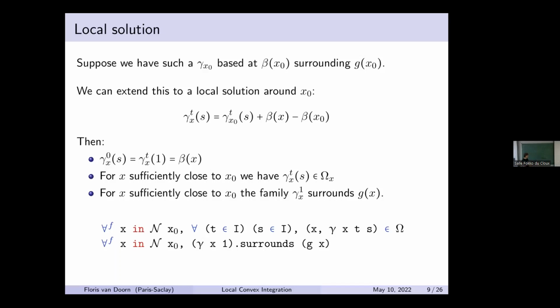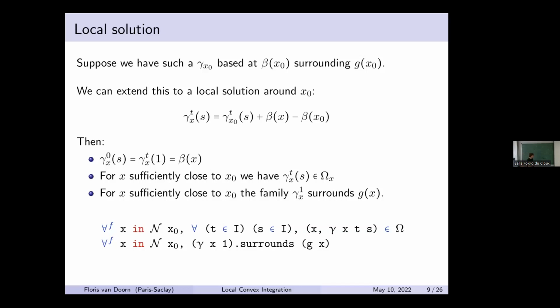So these are just the collection of all sets that contain an open set around x naught. And so this quantifier says that this proposition is true for all points that are eventually in this neighborhood filter.